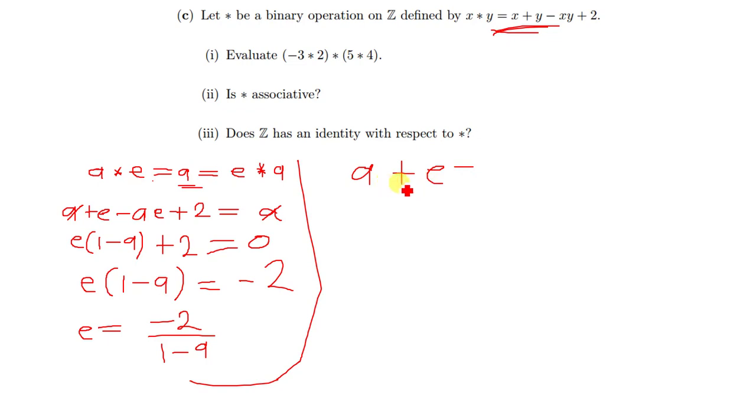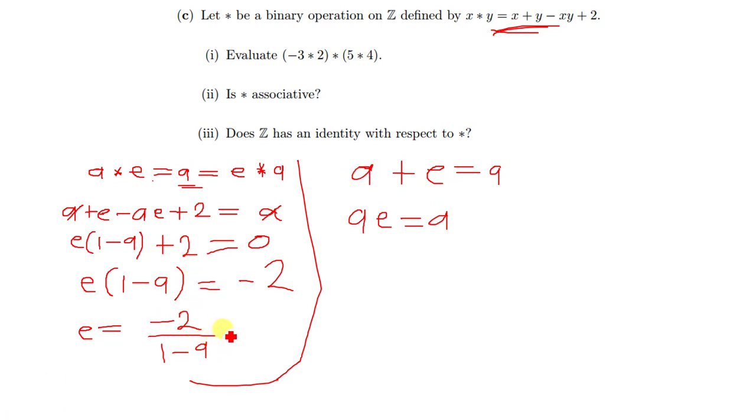So a plus e should always give you a. That is what we mean by identities. If we say a times e, we still have to get a. So an identity does not actually change anything to the expression. So when you add an identity there, is it going to give you a?